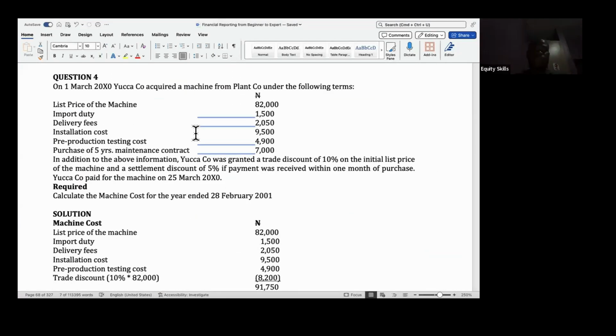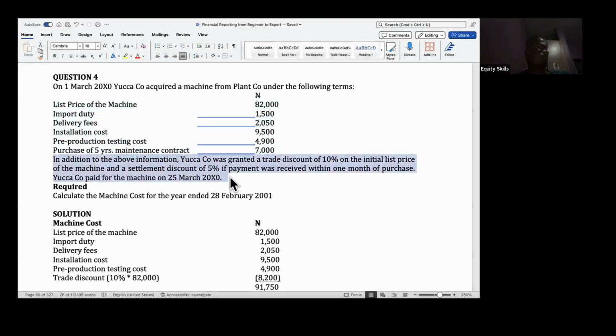Now it's question 4. This question says that on 1st of March 2000, UCACO acquired a machine from PlantCo under the following terms. So they give us all this information.